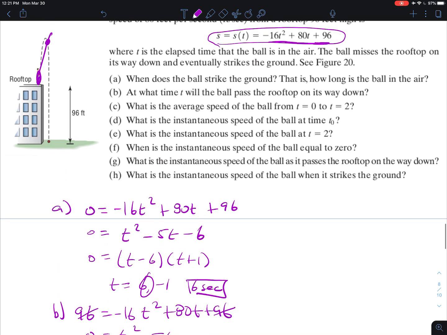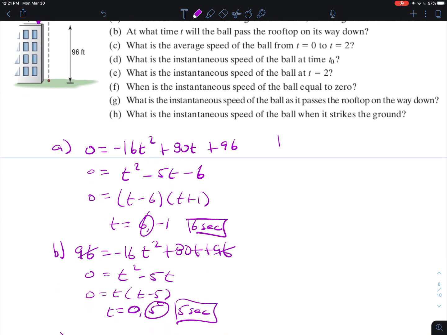I'll come back up here for D, which is the instantaneous speed of the ball. So that's just like the derivative, or the limit of that slope equation, of the ball at time t sub 0. That just represents any other time.